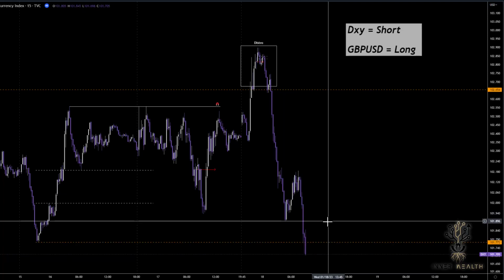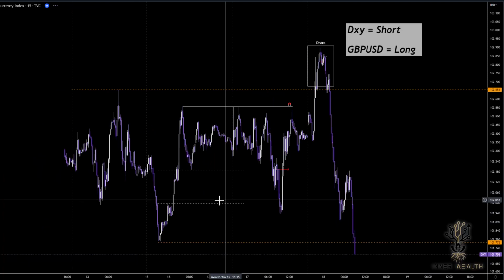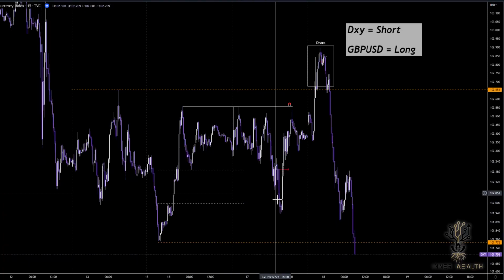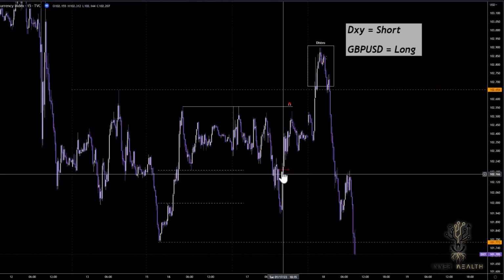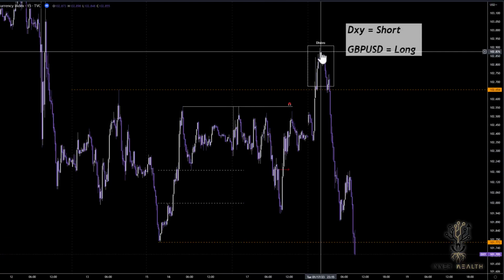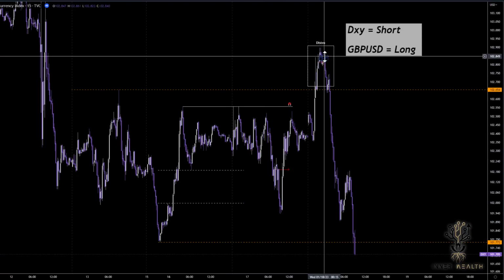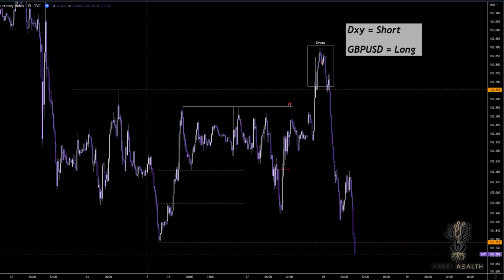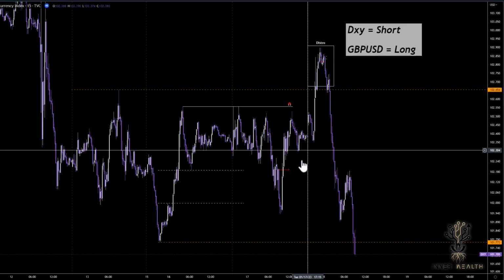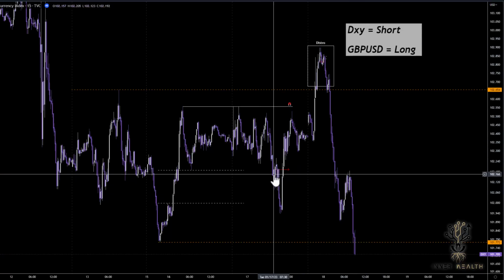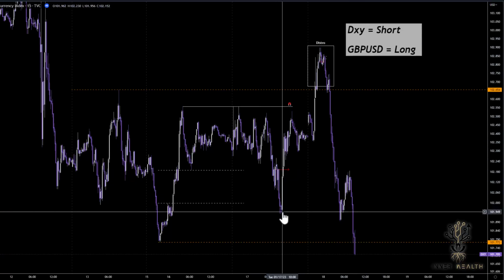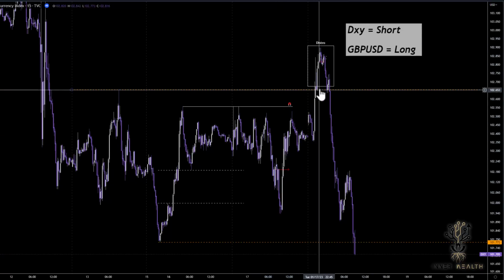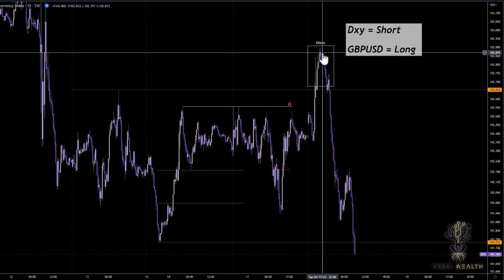Now from our 4-hour accumulation on the 17th to a 15-minute distribution on the 18th, we're going to go to GBP USD and see how on the 17th we want to see price action short and set up for the 18th to go long.